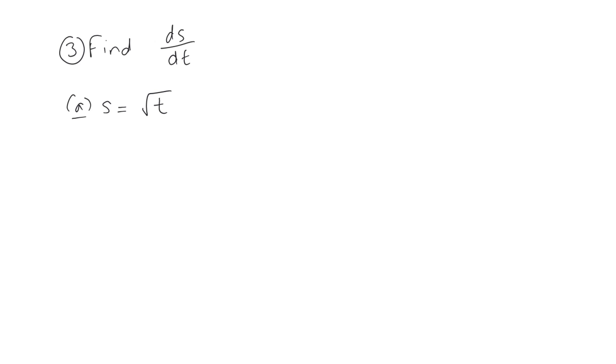S is the square root of t. So the first thing we're going to do is rewrite that as s equals t to the power of a half. Now when we differentiate s with respect to t, it's ds by dt. And that's a half t, take 1 away, we get minus a half.